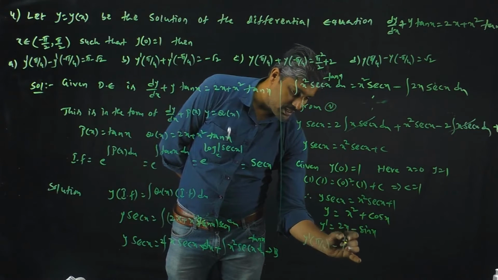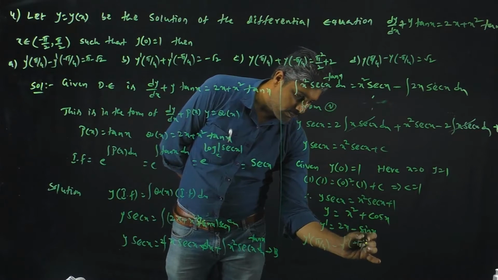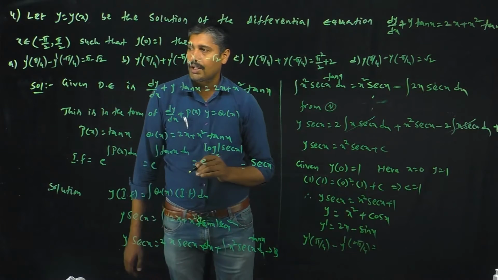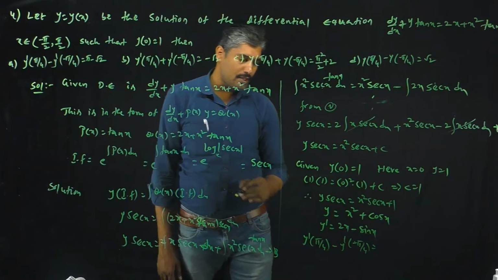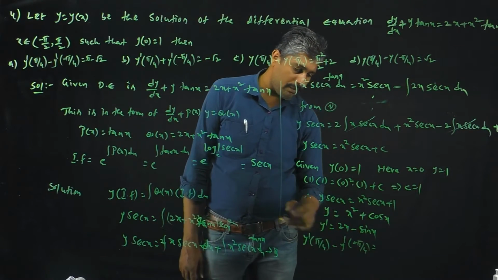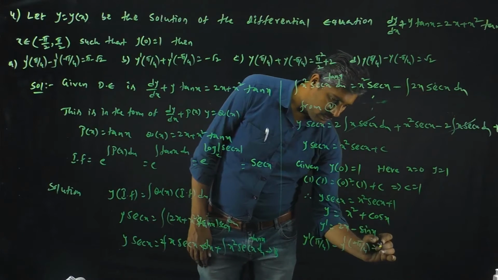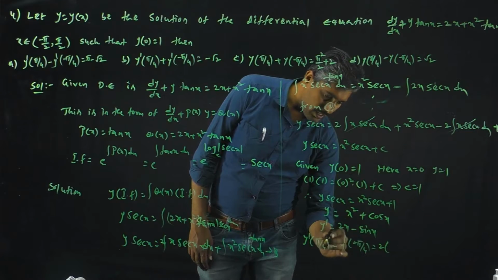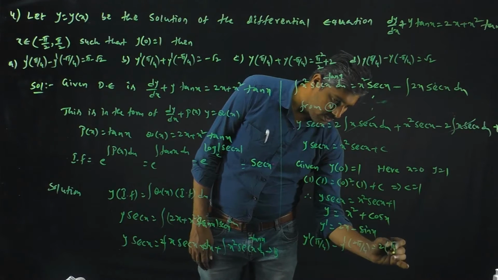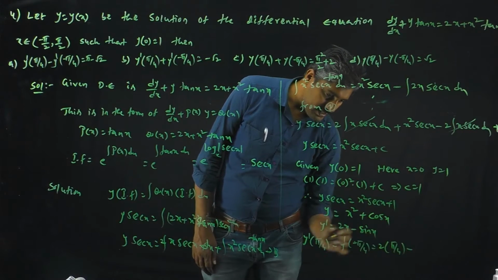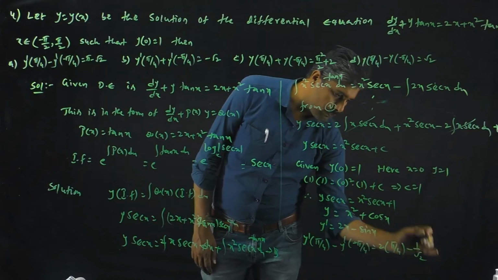First one, y dash of pi by 4 minus y dash of minus pi by 4. Y dash of pi by 4 equals 2 into pi by 4 minus sin pi by 4, which is 1 by root 2.